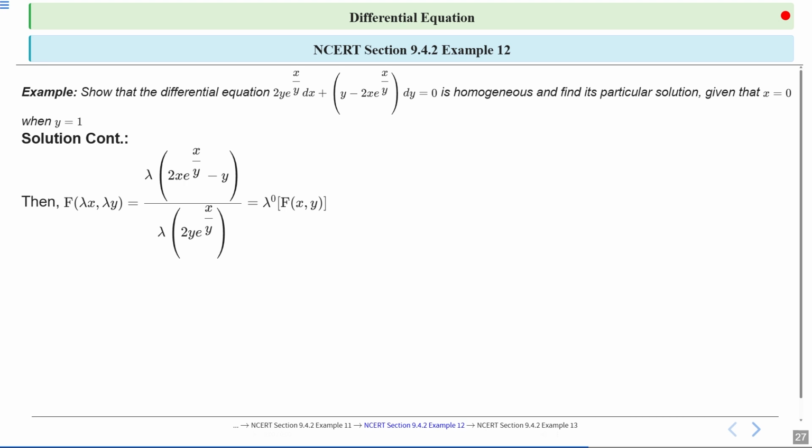So we get 2 lambda x e^(lambda x/lambda y) - lambda y, divided by 2 lambda y e^(lambda x/lambda y). The lambdas cancel out in x/y, and we take lambda common. So we get lambda times (2x e^(x/y) - y) over lambda times 2y e^(x/y), and the lambdas cancel out. So we are left with lambda to the power 0 times f(x,y). As you know, lambda to the power 0 is 1. So the function f(x,y) is a homogeneous function with degree 0. So the differential equation is a homogeneous differential equation.